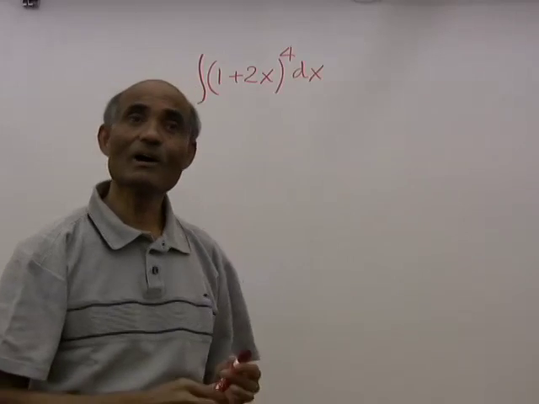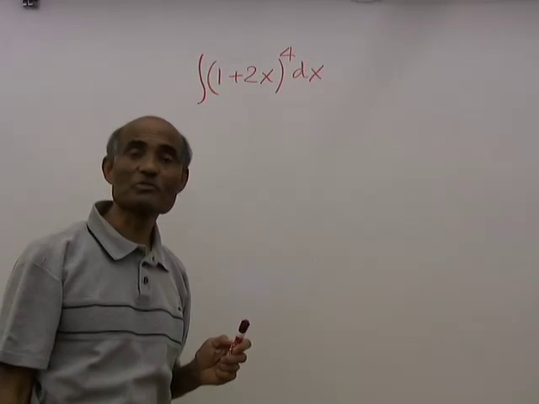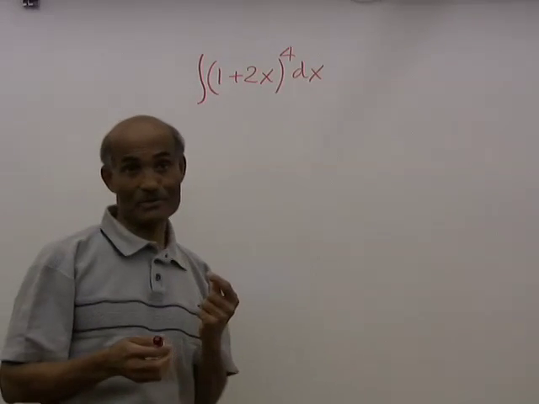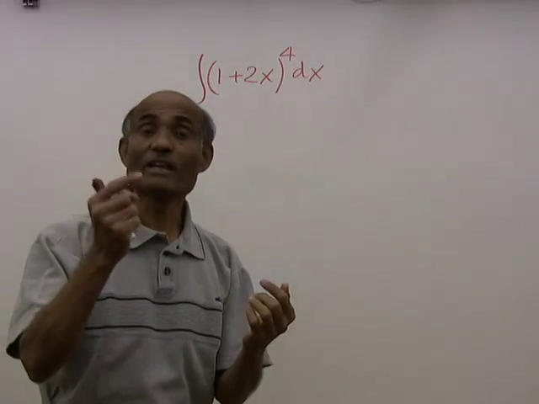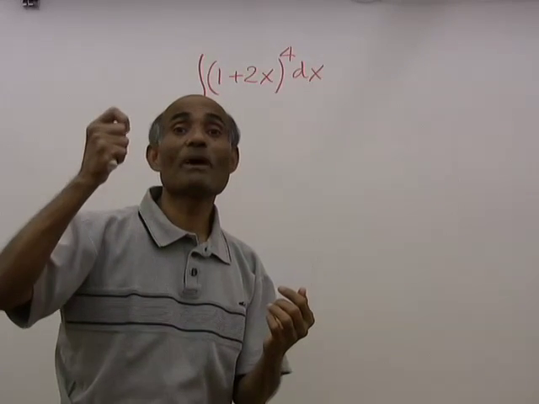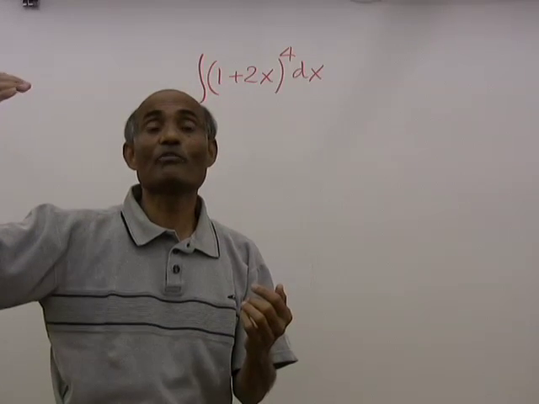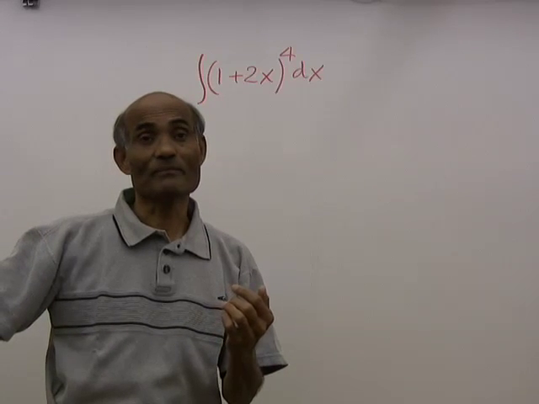Alright, let's see how we can integrate this. Integral 1 plus 2x raised to the power of 4. Now, you know the basic form. The basic form that you know is integral u to the power of n du is u to the power of n plus 1 over n plus 1 plus c.